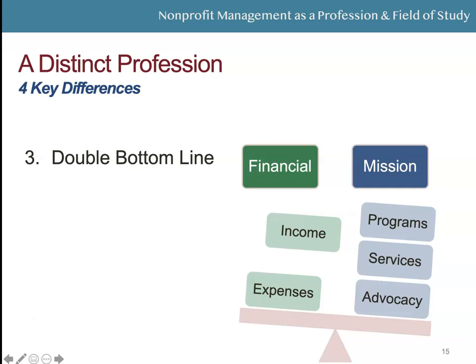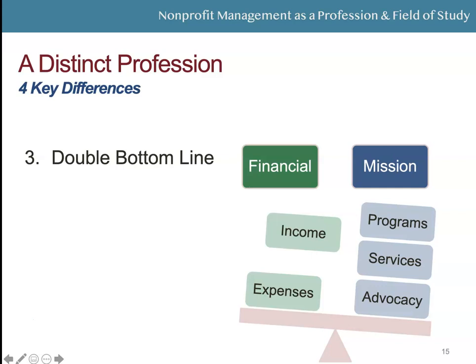Around awareness for hunger. They're advocating for programs and different things to alleviate hunger and poverty, while also trying to maintain a bottom line. They're trying to manage and always increase their income through paid services as well as donations, and expenses. They can't not think about that. They'll go bankrupt.